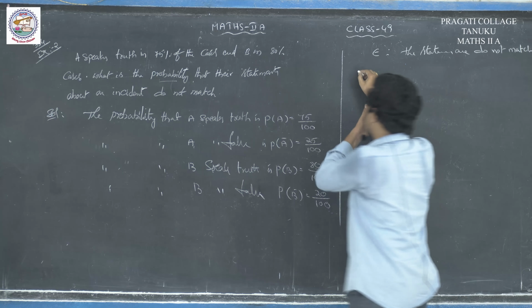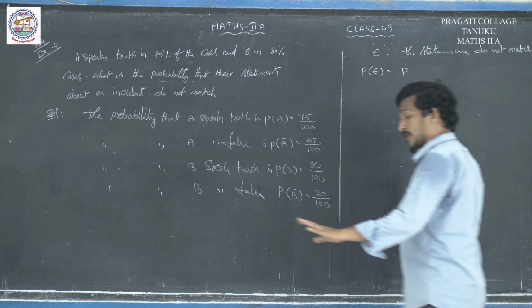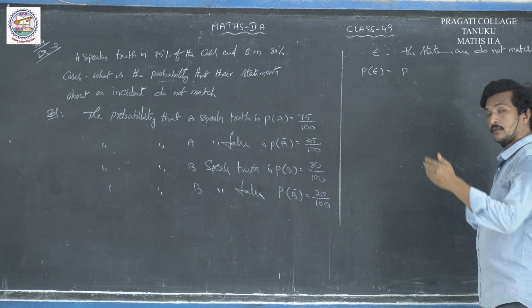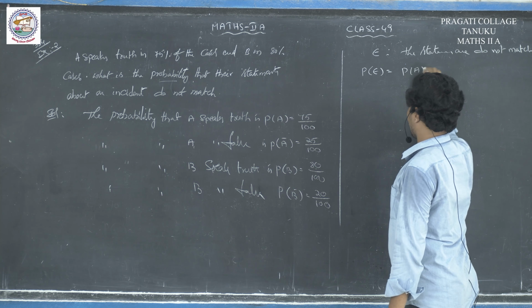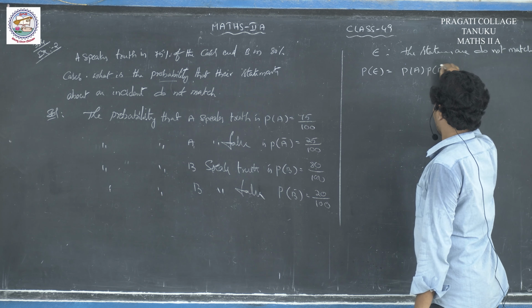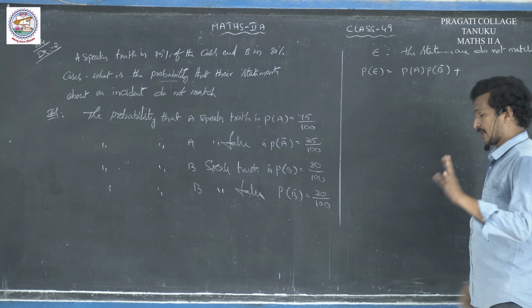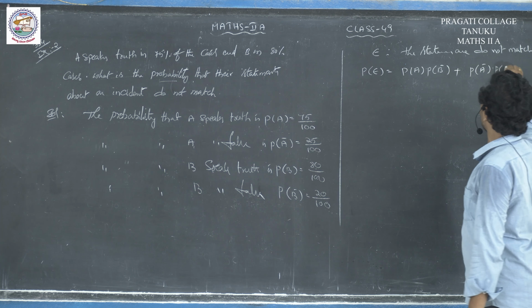That means P of E is equal to, what is the meaning? Do not match means either A is false or B is false. That is, suppose A speaks truth, then B speaks false, or, meaning plus, A speaks false and B speaks truth.